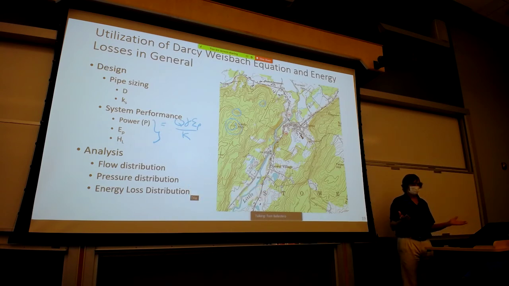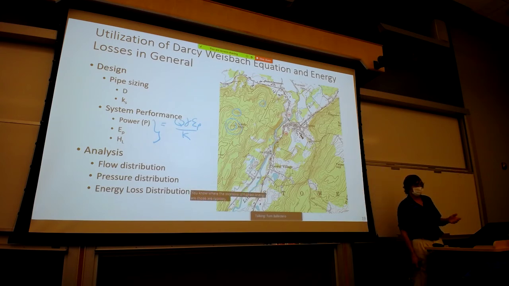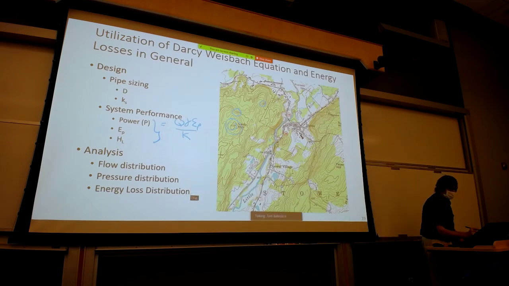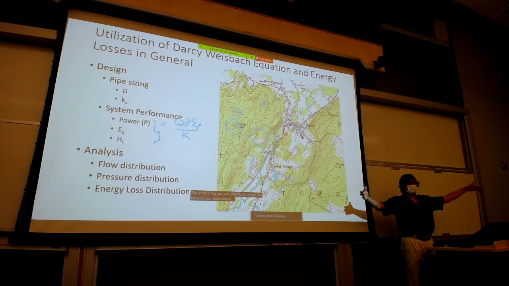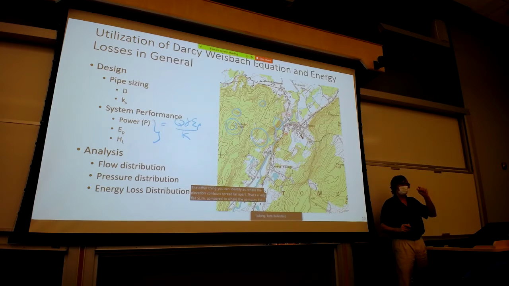The topographic map is really a direct analogy to the energy grade line over a distribution system. You know where the locations of highest energy are, and those are typically the source locations, so that's either where you have a pumping station or a reservoir, tank. The other thing you can identify is where the elevation contours are spread far apart. That's a very flat slope compared to where the contours are very close together. You recognize that as a steep slope.